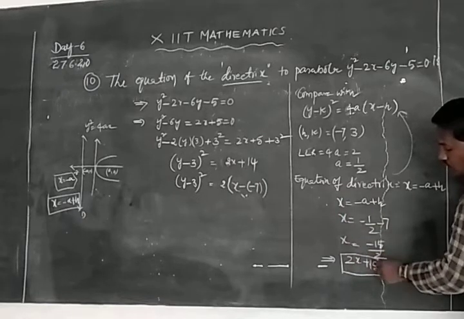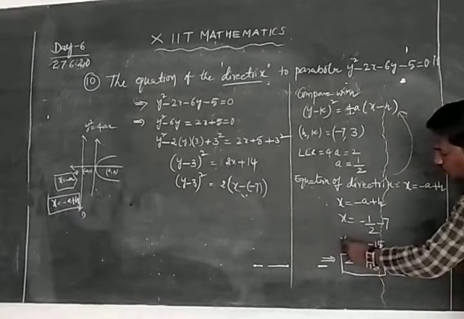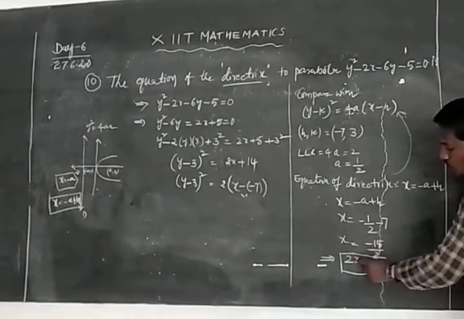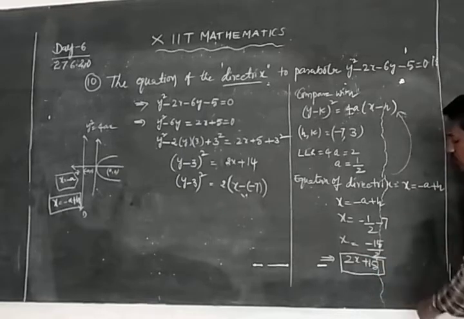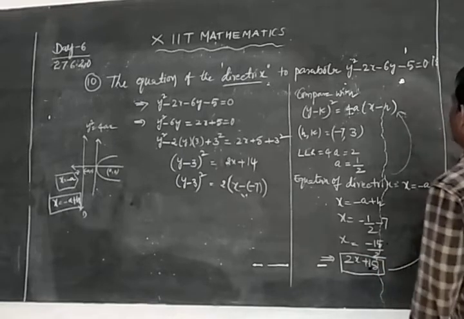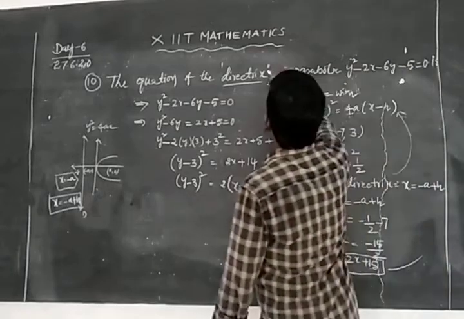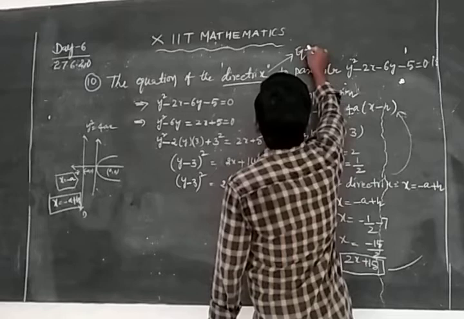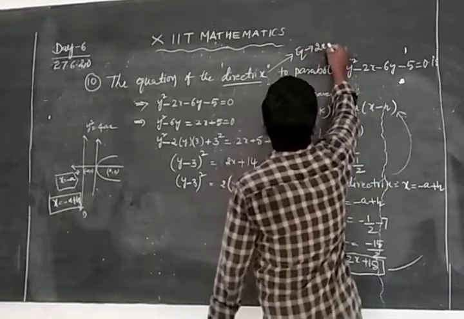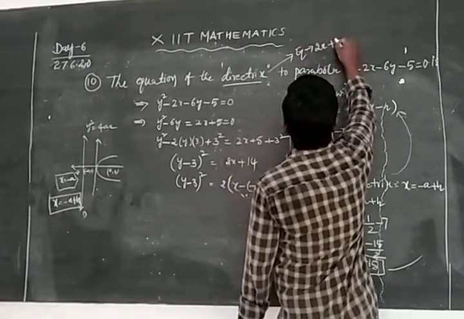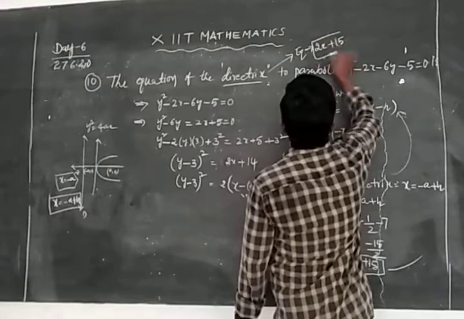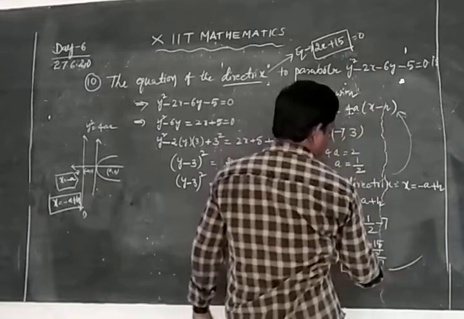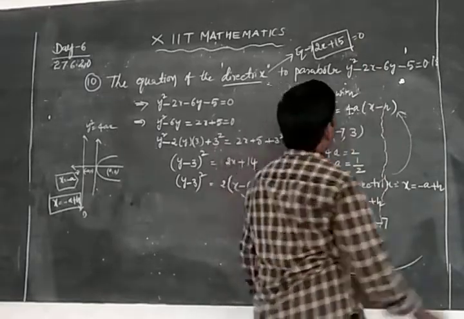By the transposition, 2x minus 15 becomes plus 15. So 2x plus 15 is the equation of the directrix. 2x plus 15 equal to 0.